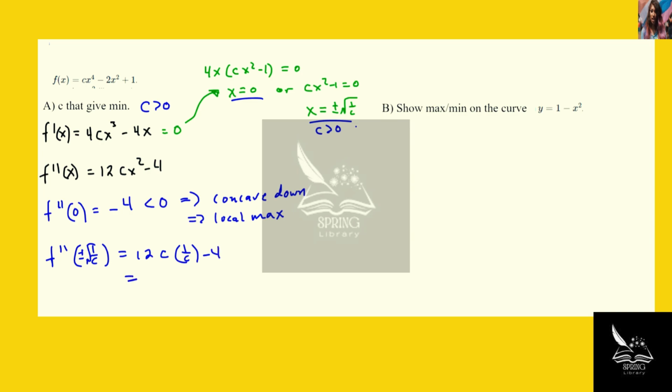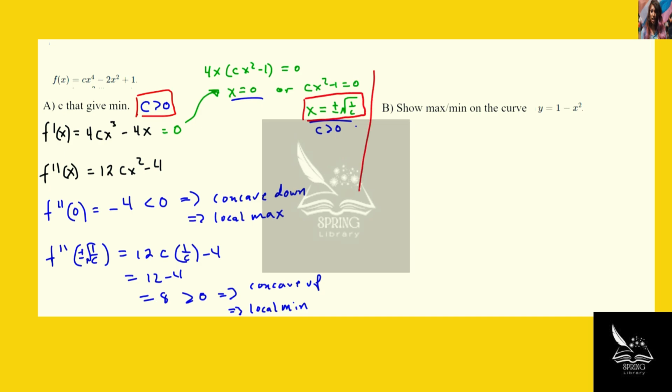Those c's cancel out to give 1. So we have 12 minus 4, which is 8, which is strictly greater than 0. And so this implies concave up at both of those values for x, or we get a local min. So we only get a local min when c is strictly greater than 0, and that local min will occur at x is equal to plus or minus 1 over the square root of c.